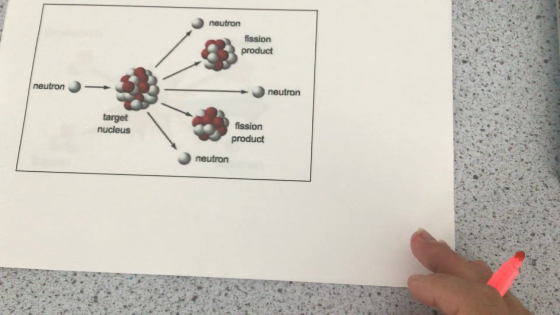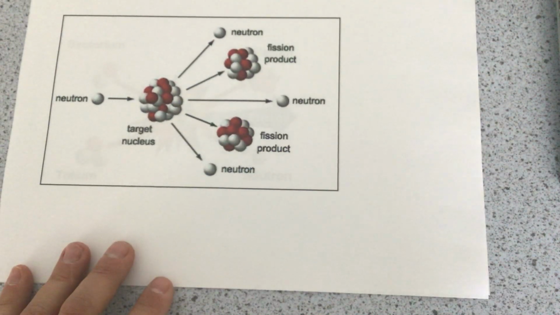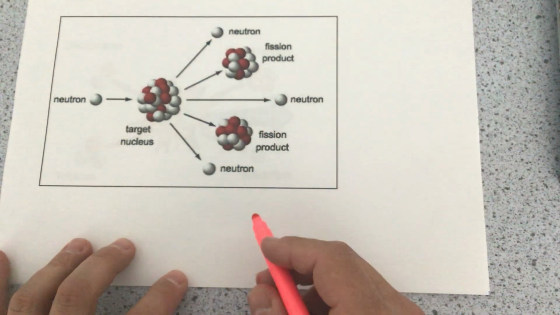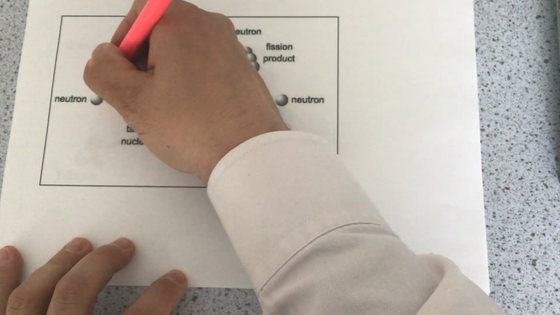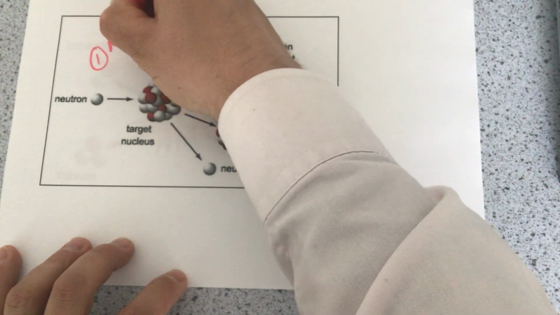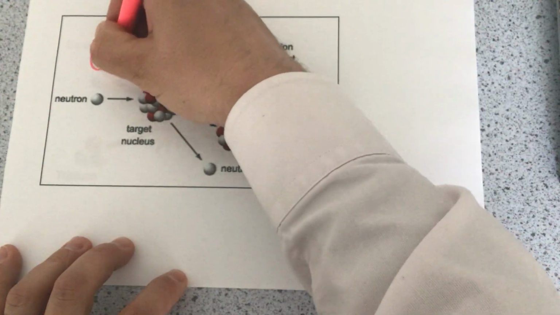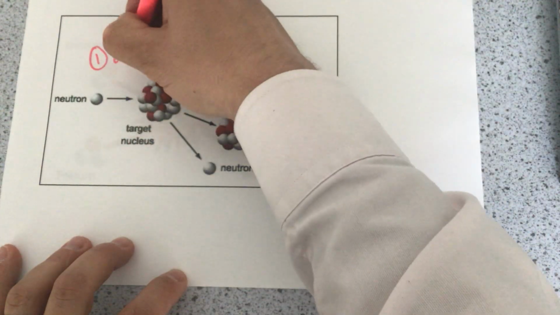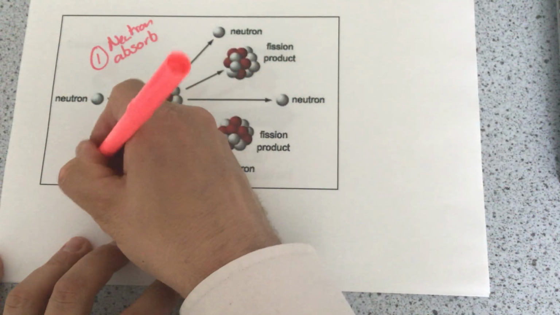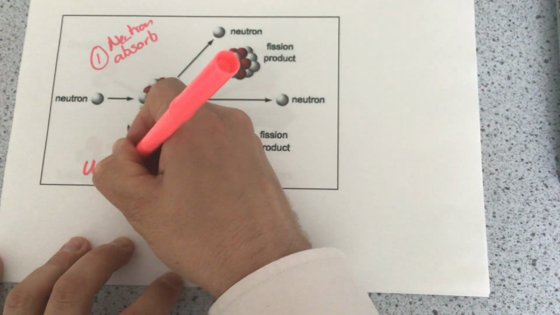Right, last couple. Nuclear fission, nuclear fusion. So nuclear fission, the first thing that happens in nuclear fission is a neutron is absorbed by a large, unstable nucleus. And that is probably something like uranium-235.